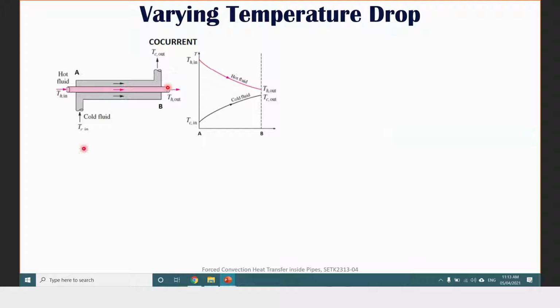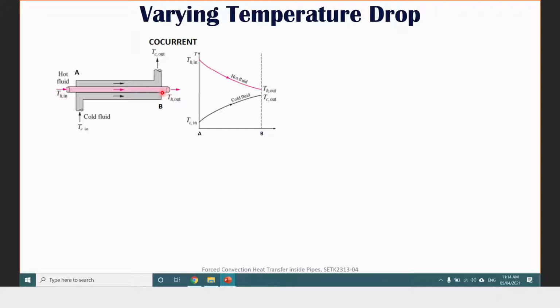So we flow in cold fluid, and heat transfer will occur between the inside of the tube and the outside, so the cold fluid going in will be higher in temperature when it goes out, because it has received heat from the fluid inside the pink tube. The fluid inside the pink tube, when it comes out, will be cooler than when it came in because it has transferred heat to the cold fluid.